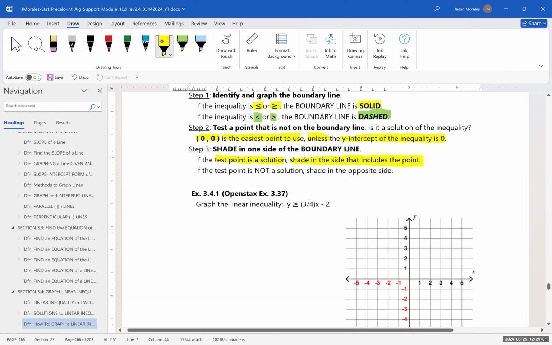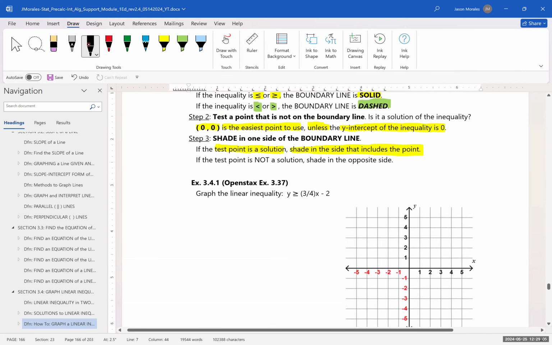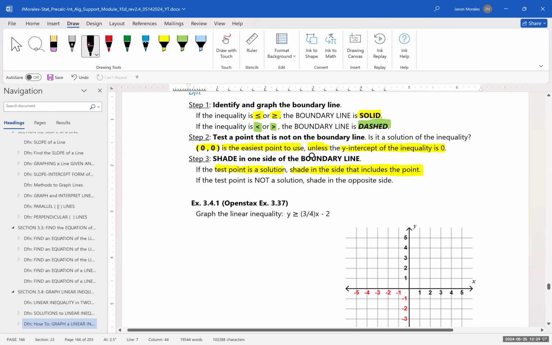So let's take a look at applying these steps to this example. Step one is to identify and graph the boundary line. So we've got y greater than or equal to 3/4 x minus 2.